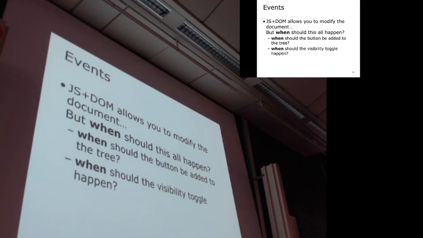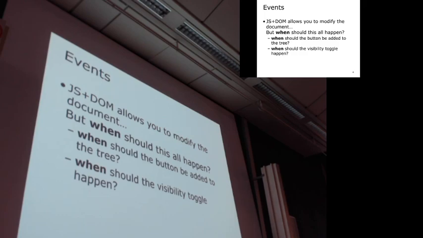So the JavaScript and DOM together allow you to modify everything you want. And then the question is, when do you make these modifications? When do you trigger the code that you have written? So the question is when.